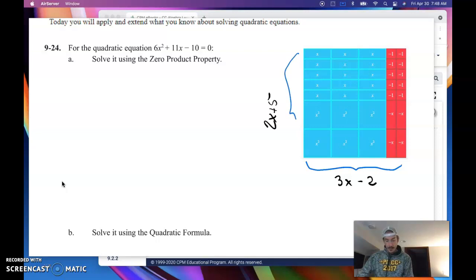I'm erasing my brackets here, I'm not sure why those are disappearing, but 2x and 5 right there. And remember, this thing might be an x squared tile, but it is x units by x units. That's how we get the x squared, because it's named after the area. So this is x and x and x and negative 1 and negative 1, and that's a clunky way to write that. That's where the 3x and 2 comes from.